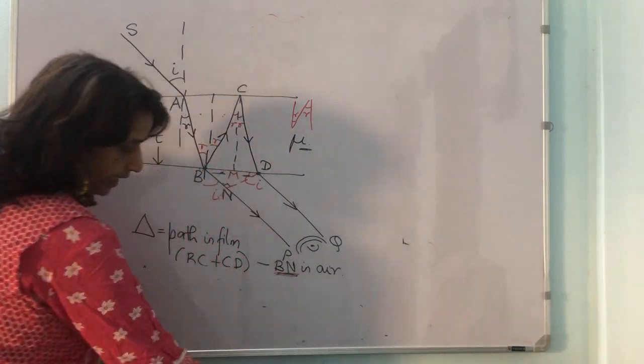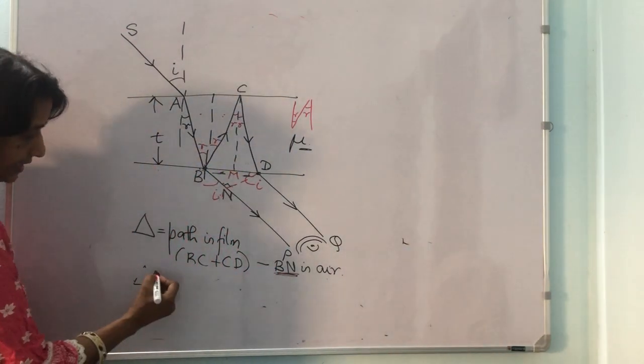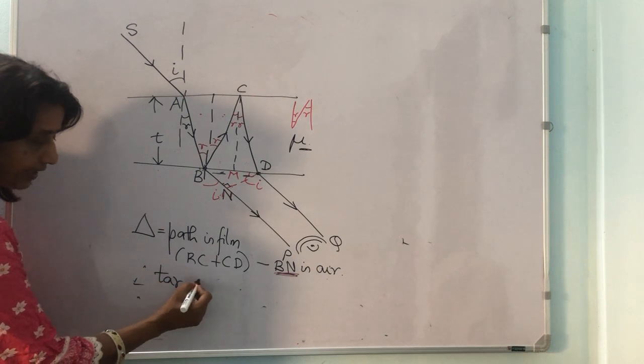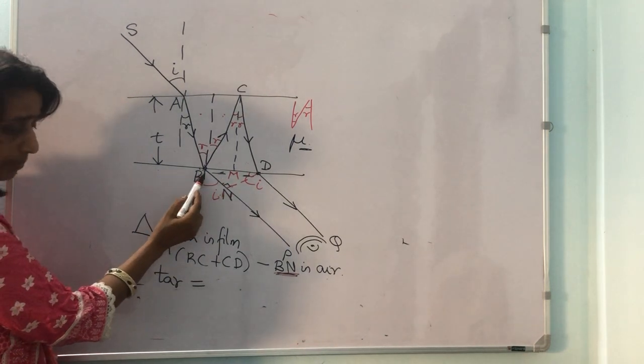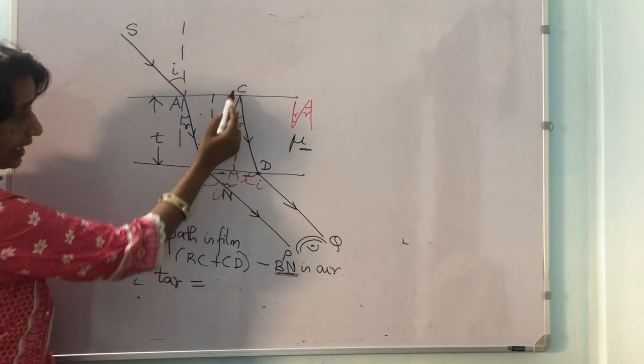So in this triangle, tan R is equal to BM upon CM.